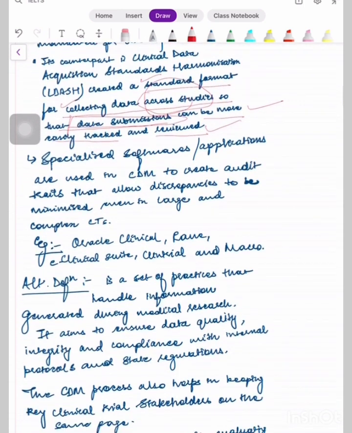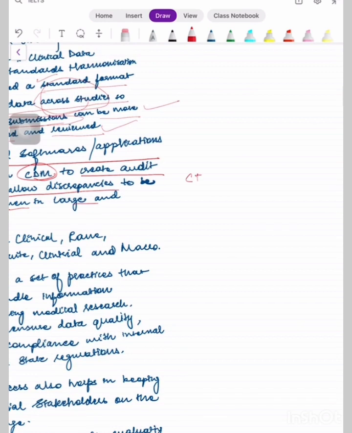That is their purpose. Specialized software and applications are used in CDM to create audit trails that allow discrepancies to be minimized even in large and complex clinical trials. So the clinical trial data came to us, and we have to manage that data and report it in a way that supports my clinical trial.